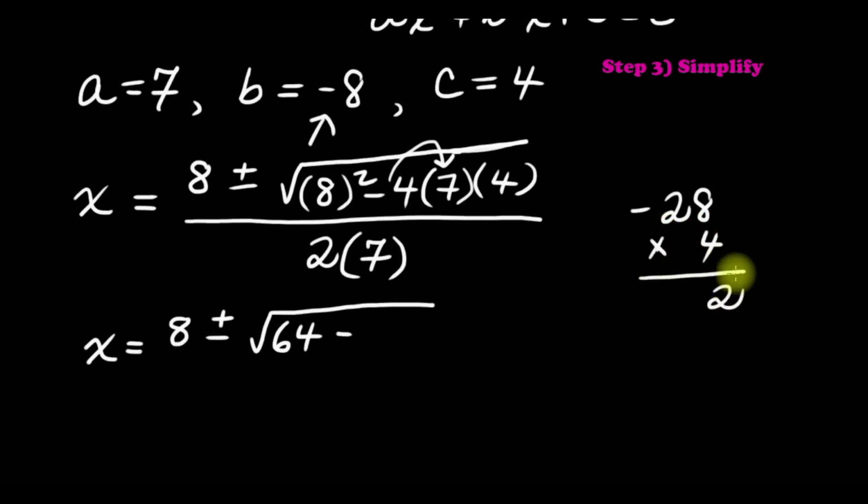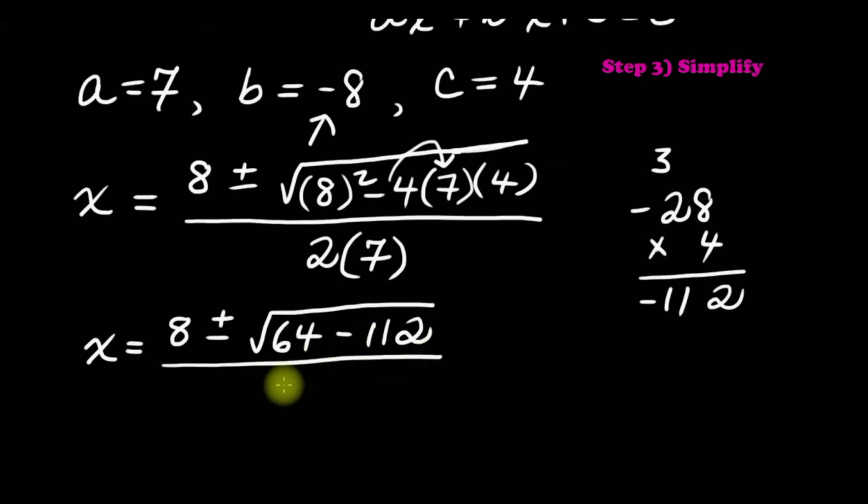This is 28 times 4: 4 times 2 is 8, 8 plus 3 is 11, so negative 112. Okay, so this is going to give you negative 112. And that whole thing is going to be over 2 times 7, which is 14.